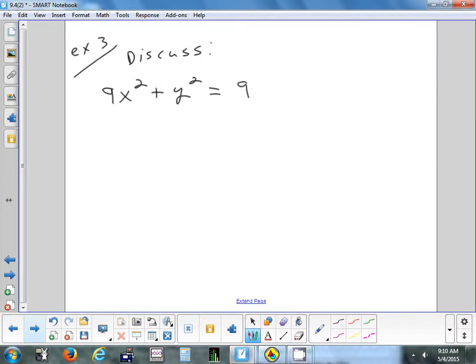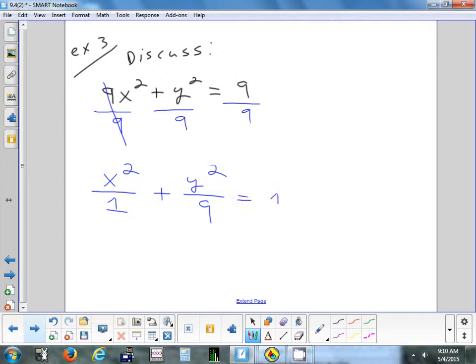If it's equal to 9, you have to make it equal to 1. So those cancel out, but if you want to leave something in the denominator just so it visually helps you, it's x squared divided by 1 plus y squared over 9 equals 1.